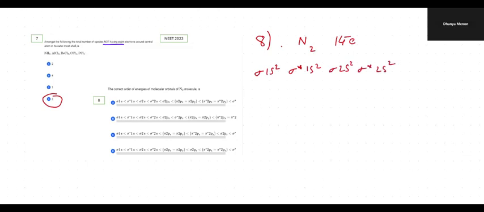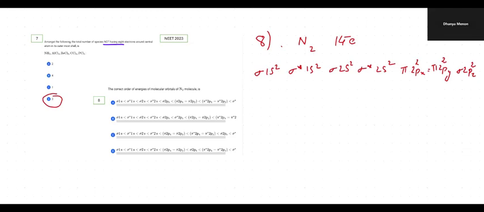Then I have pi 2px equal to pi 2py, 8, 9, 10, 11, 12. Then I have sigma 2pz, 13, 14. So this is the order we follow for species having 14 or less than 14 electrons. So this has perfectly 14 electrons. So we follow this.